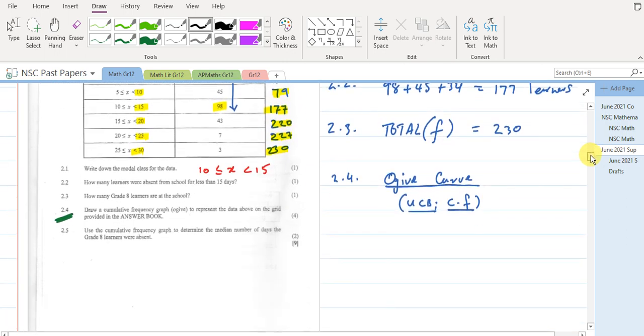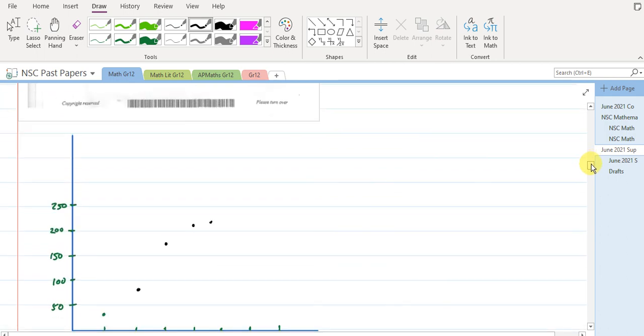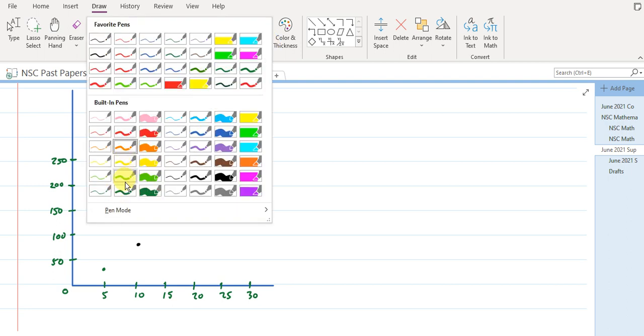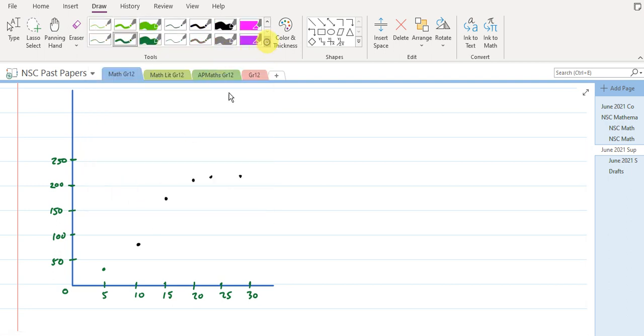Remember your ogive curve, we draw it in a different color. Take a red here. It is usually that S curve, drawn freehand, and then grounded to 0. Sorry, we have 230. To find the median, let's see, where's the median?